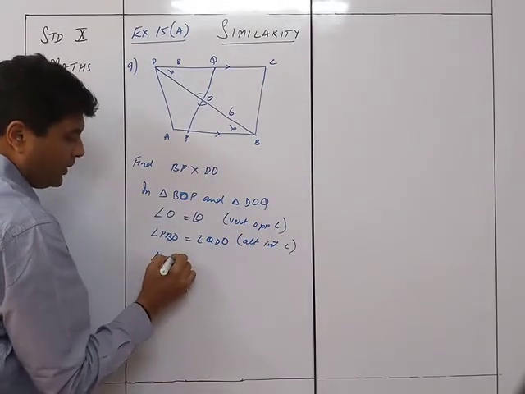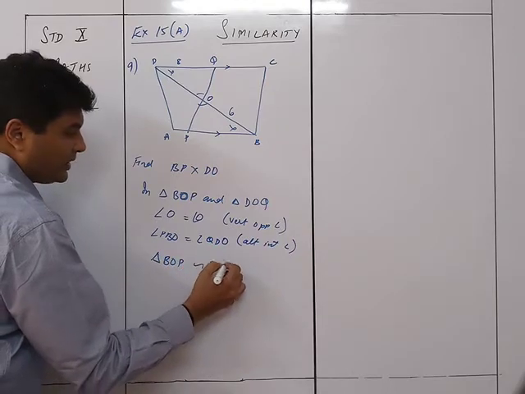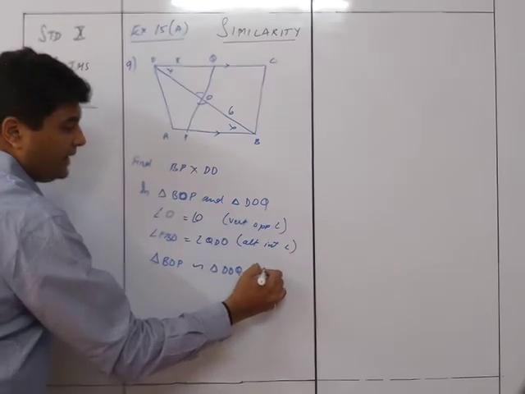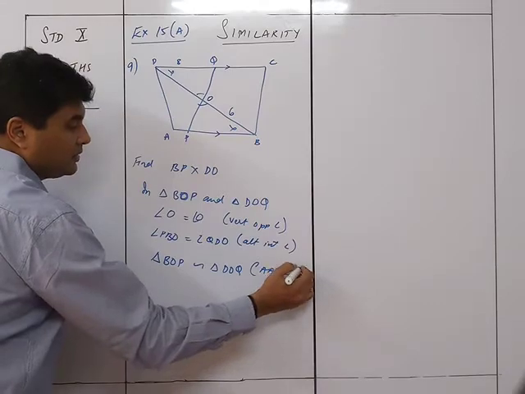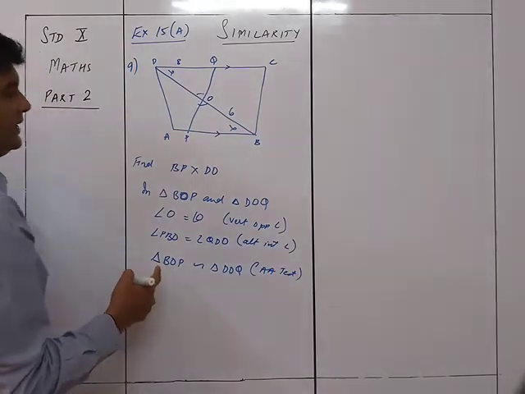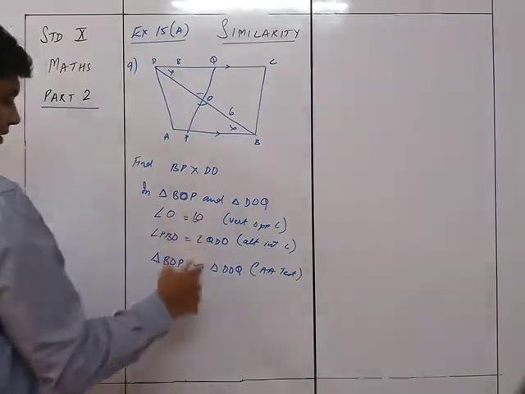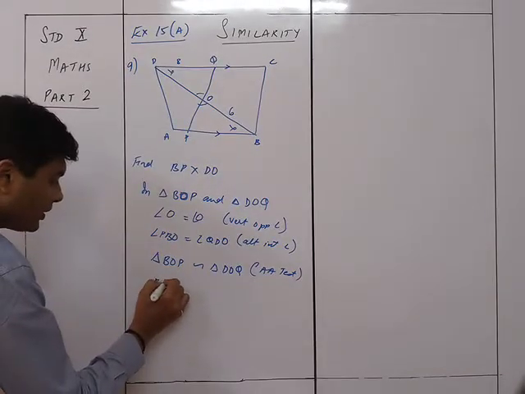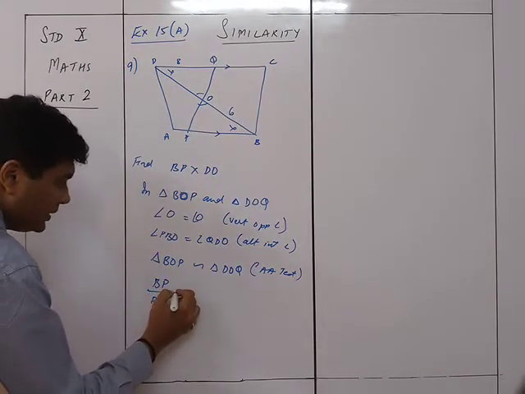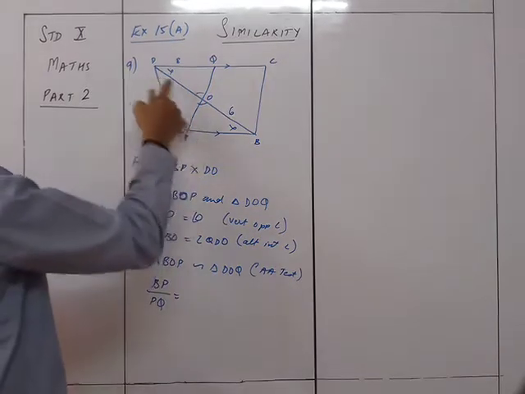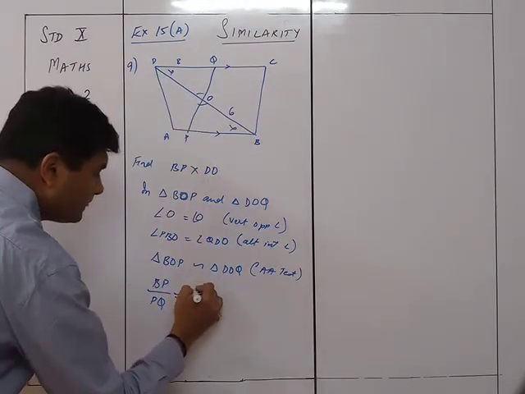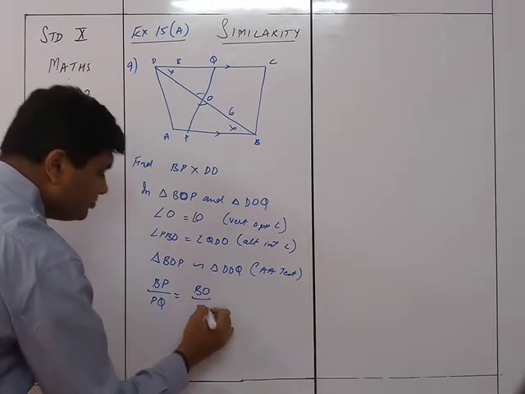Therefore, triangle BOP similar to triangle DOQ by AA test. Therefore, what we need is, you want BP over here, so BP upon DQ is equal to, what you already know is BO upon DO.